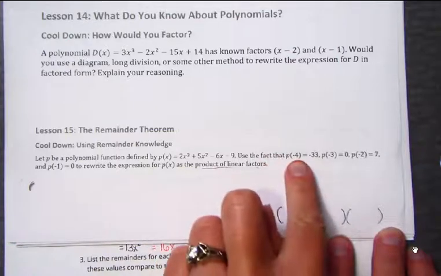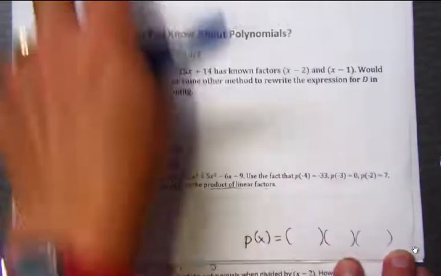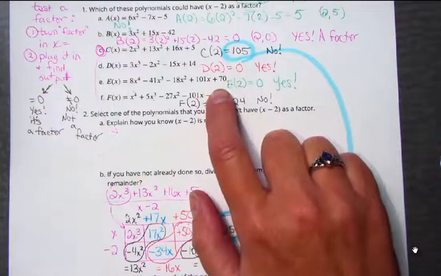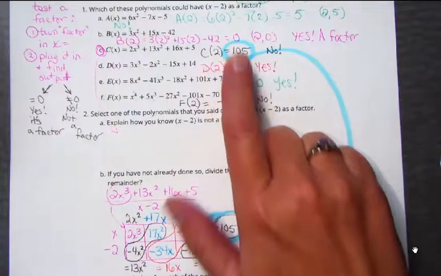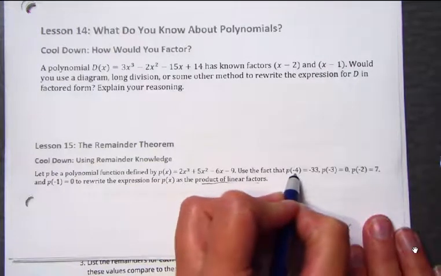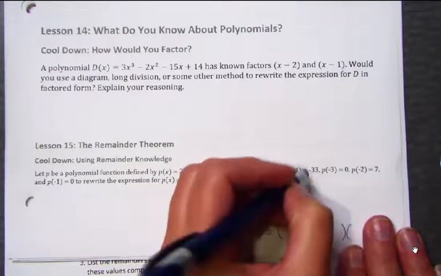They give us a bunch of ordered pairs, essentially. Okay, we were writing them like that here. D of 2 equals 0, C of 2 equaled 105. They're doing that same thing here. So P at negative 4 equals negative 33.